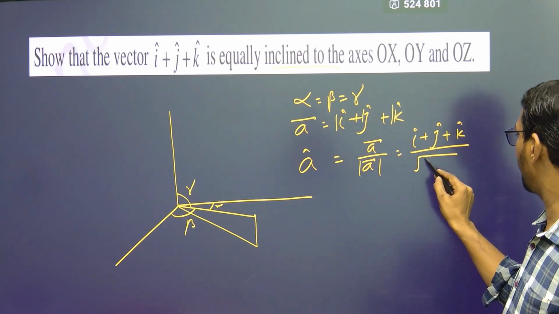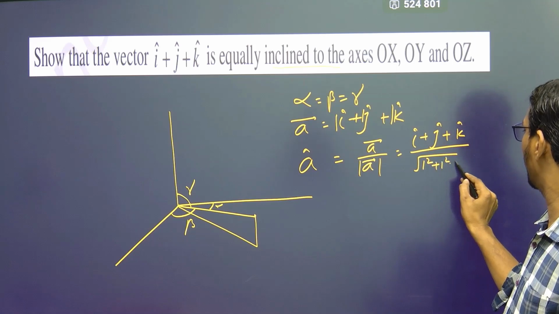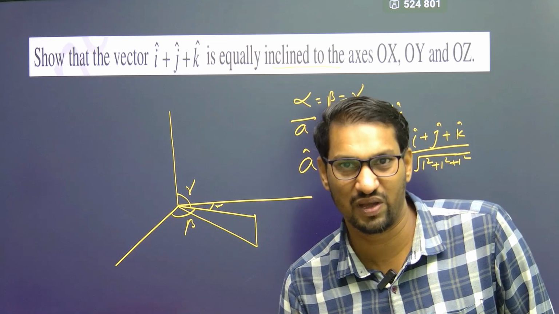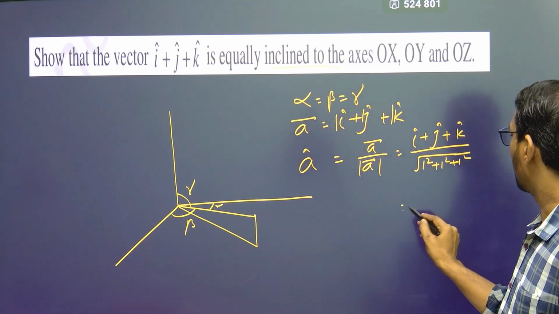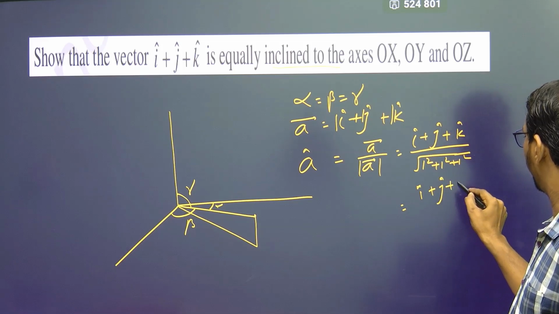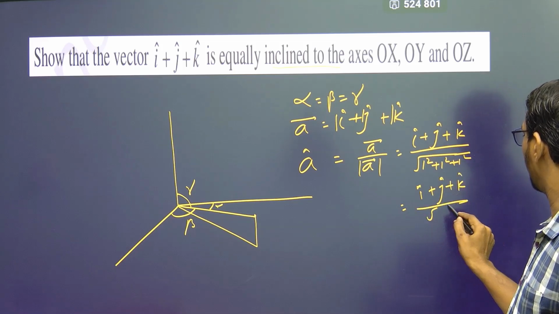So modulus of A is square root of 1 square plus 1 square plus 1 square, because it is square root of x square plus y square plus z square. So i cap plus j cap plus k cap divided by root 3.